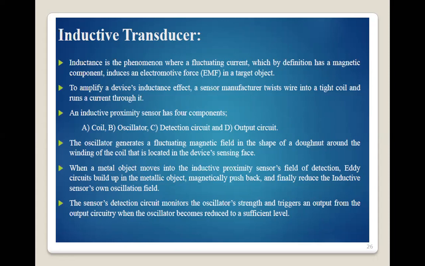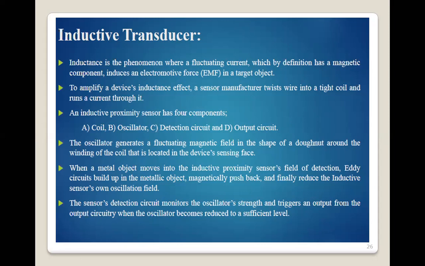First, coil, second, oscillator, third, detection circuit, and fourth, output circuit. So what is the work function of the oscillator? The oscillator generates an AC magnetic field in the field of the coil to locate the device and sensing phase.